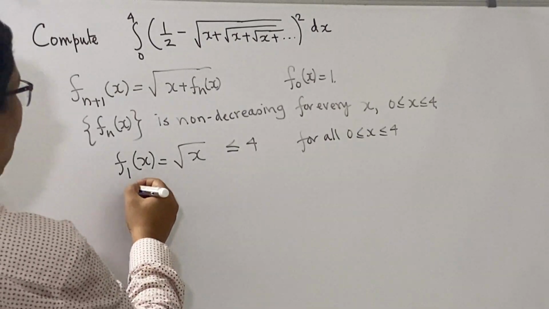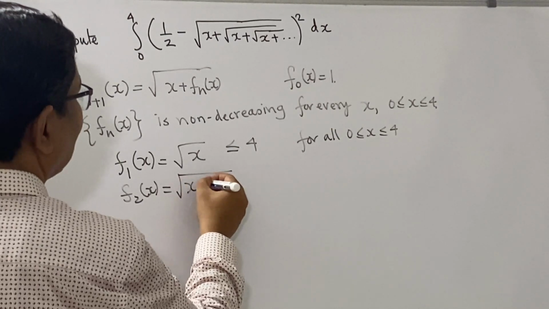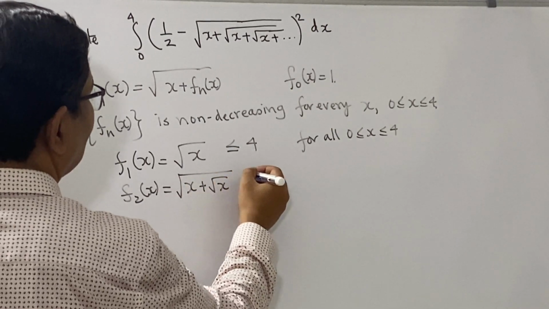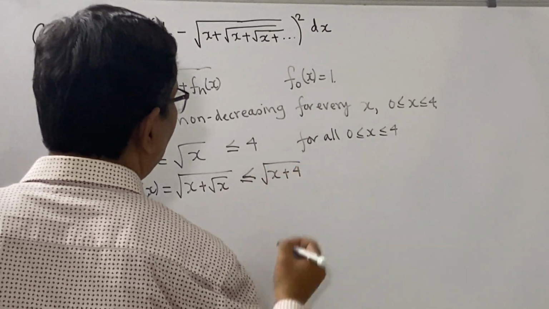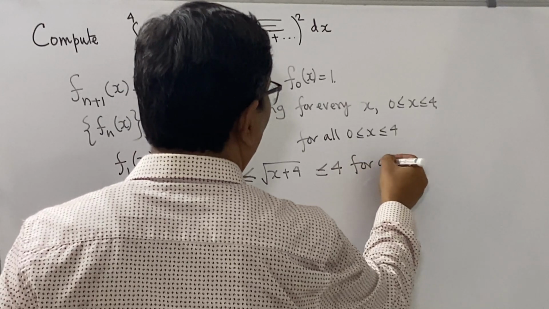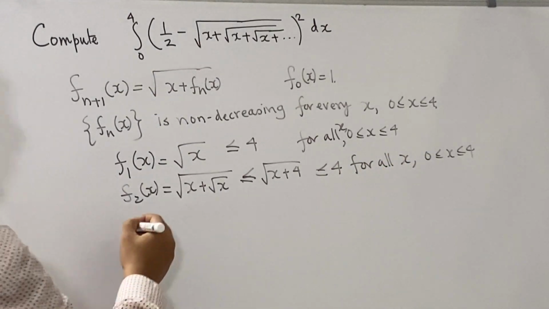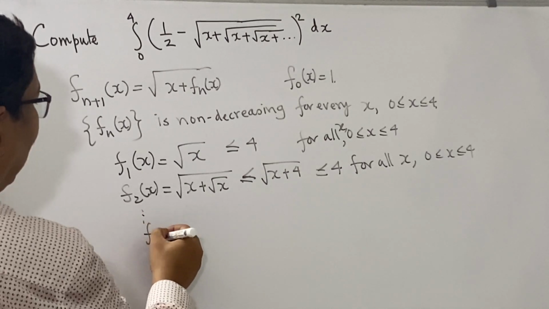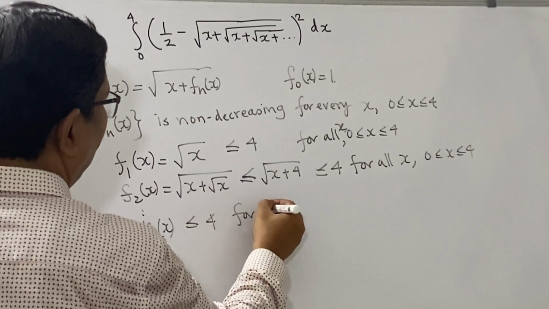Now, if we go to f2(x), that is root of x plus root x, this is less than or equal to root of x plus 4, so therefore this is less than or equal to 4 for all x in this range. And by induction, we can show that fn(x) is less than or equal to 4 for all n.